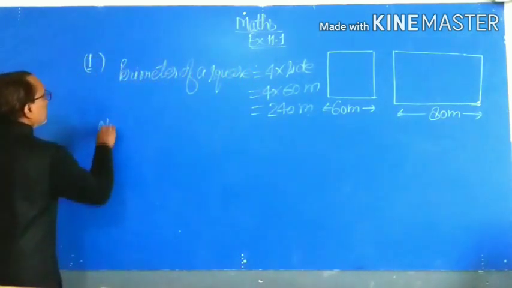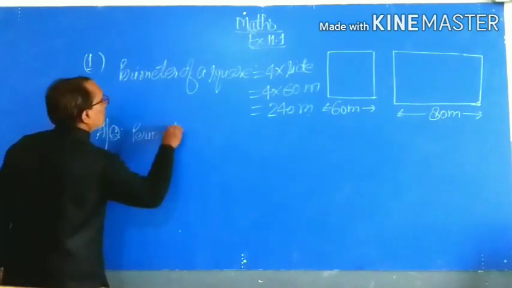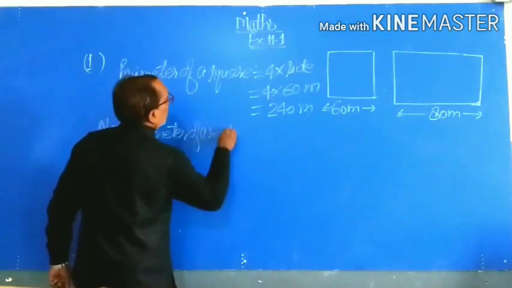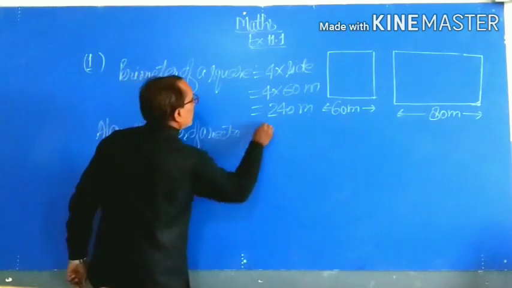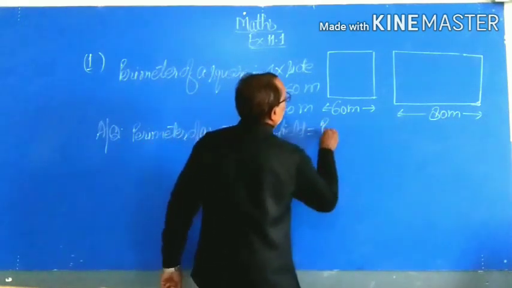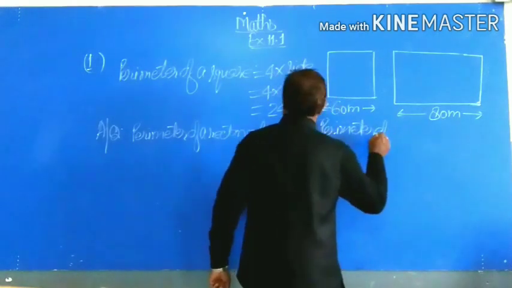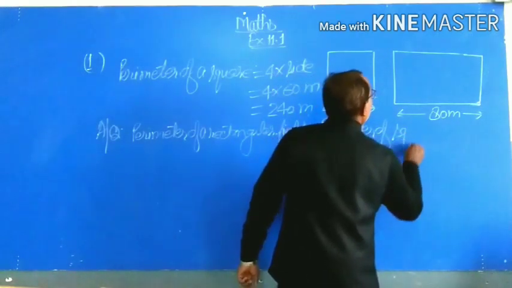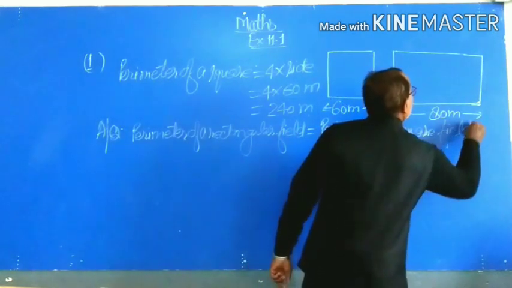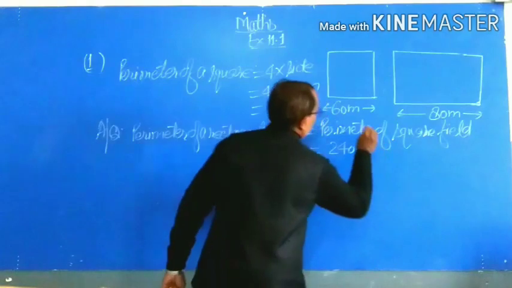According to the question, perimeter of rectangular field is equal to perimeter of square field. This is equal to 240 meters.